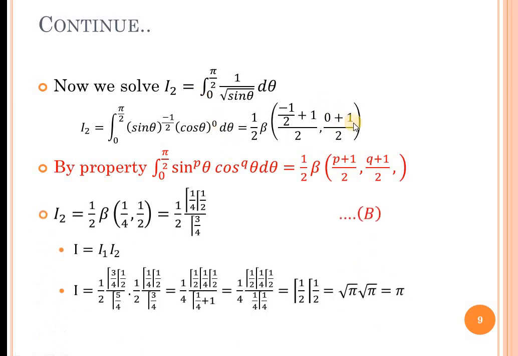So the value of the integration is 1 by 2 times beta of minus 1 by 2 plus 1 upon 2, that is 1 by 4, comma 0 plus 1 by 2, that is 1 by 2.